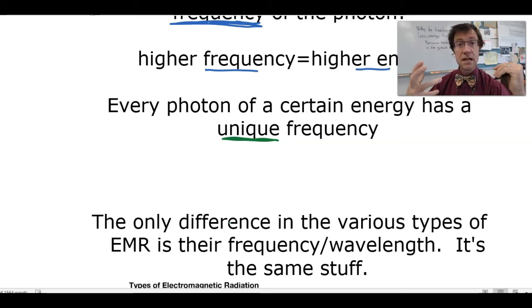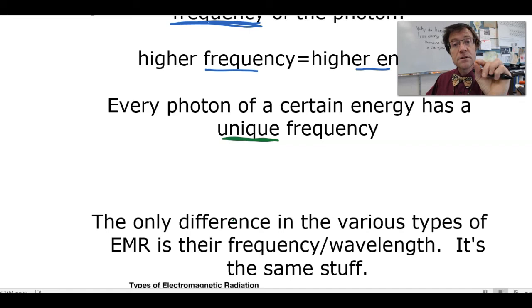The X-rays that we use to look through our bodies are the same exact stuff as the light we use to look at the world. Our eyes just aren't calibrated for X-rays, or the microwaves that our cell phones use. It's all the same thing. The only difference between a photon of microwave light that your cell phone is using and a photon of blue light that we see is the frequency, the amount of energy that photon contains.